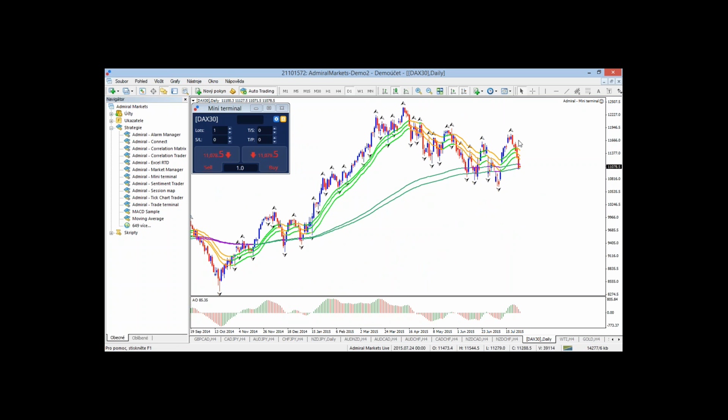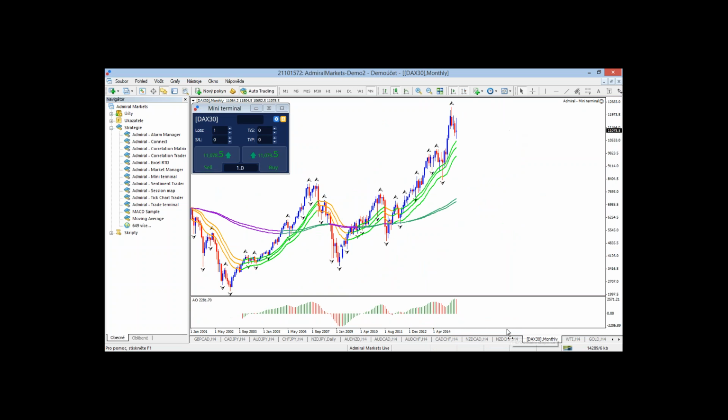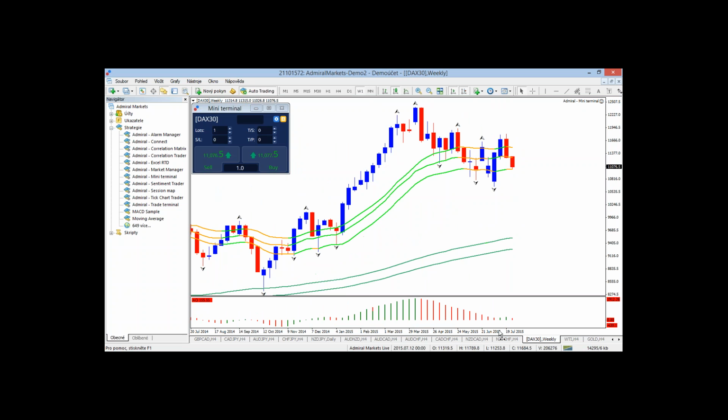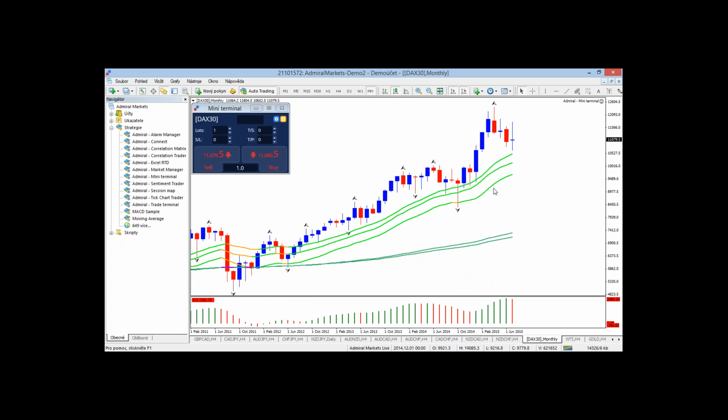But in any case, let's see, let me take a look at the monthly. Getting into an interesting spot. If this is the first attempt to break below the 21, and this is the second, that could indicate a decent chance of retracement further down to 9,500, back to the 21 band basically on the monthly.